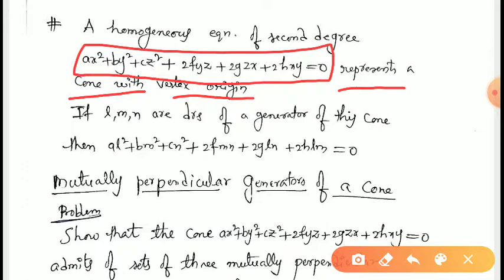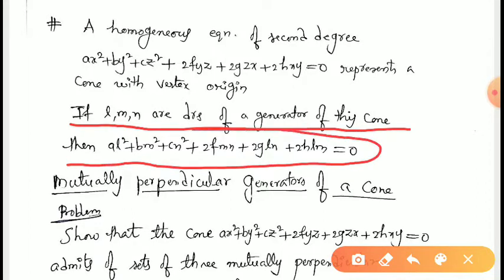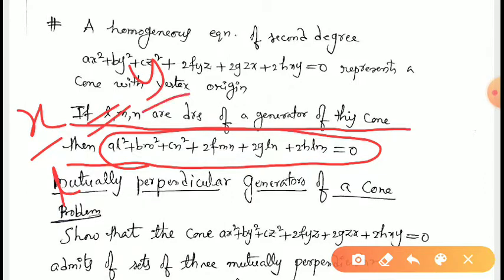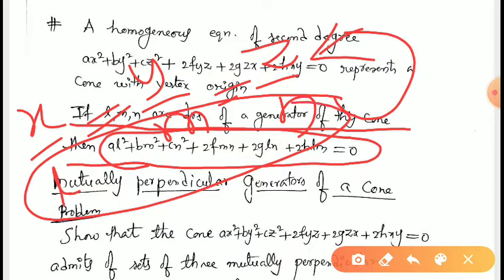This is one concept. And another concept: if l, m, n are direction ratios of a generator of this cone, then we must have this. That means, suppose x by l is equal to y by m is equal to z by n is a generator of this cone, then the direction ratios of this generator satisfy the equation of the cone.